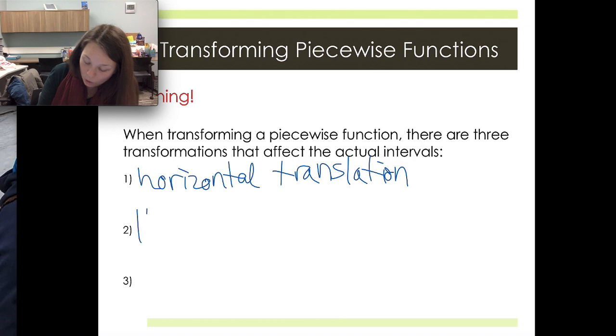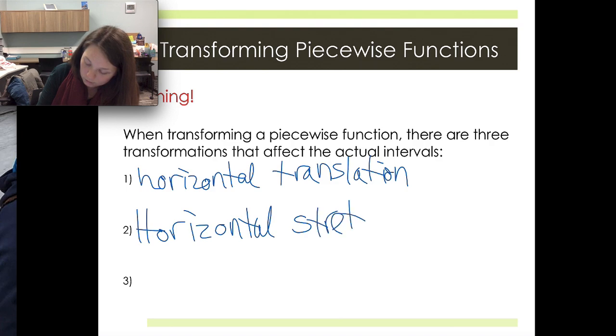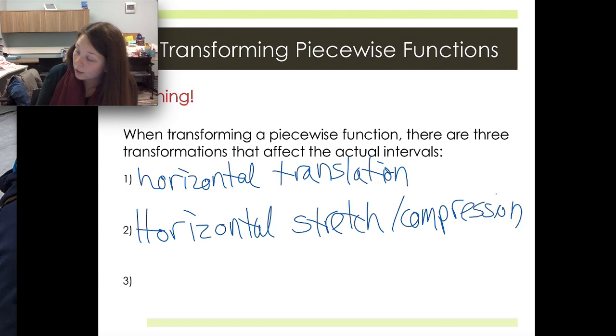The second is a horizontal stretch or compression. And last is a reflection over the y-axis.